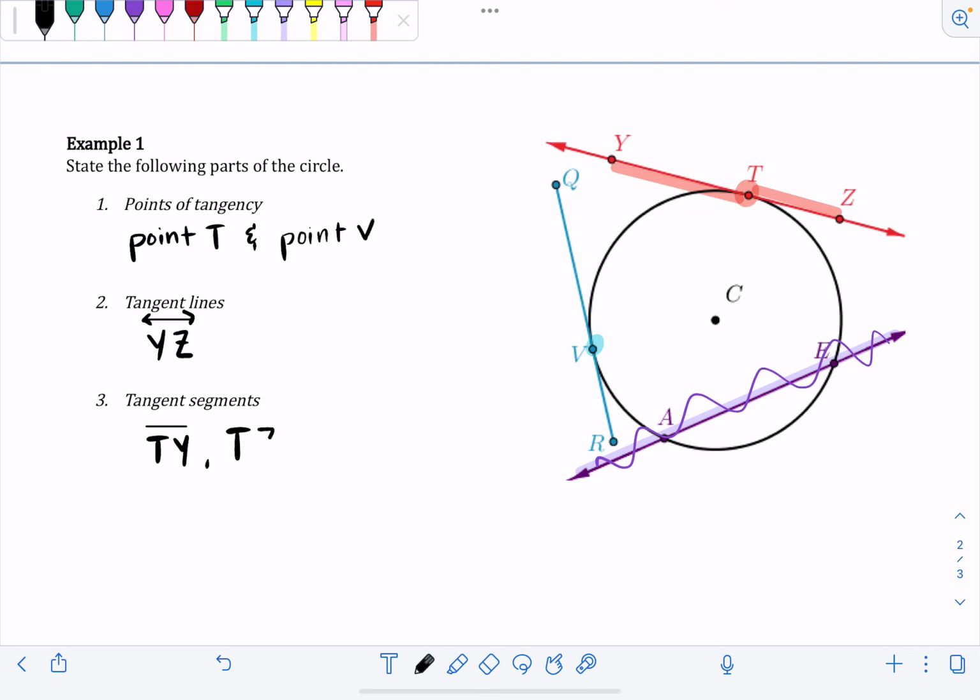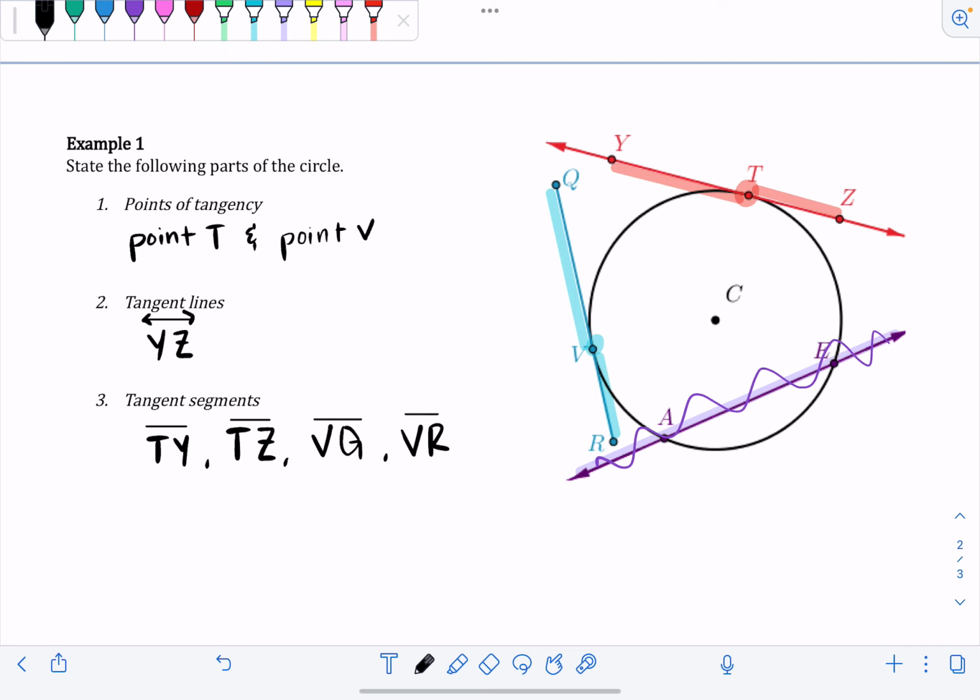So TZ or ZT. And now we can move on to the blue one since we're talking in terms of segments. There's the point of tangency V, and that goes to Q. So we would say VQ. And then there's the other side of V as well that goes to R. So it would be segment VR.